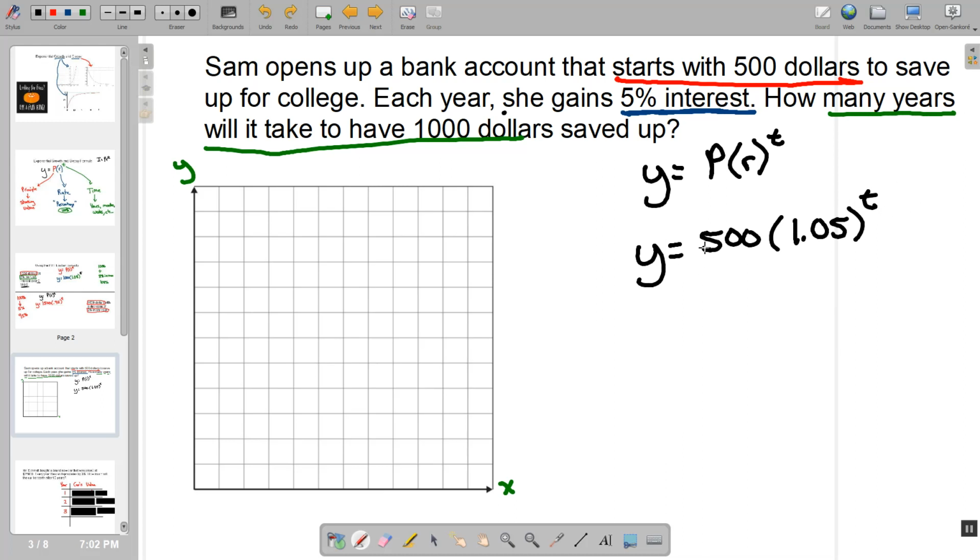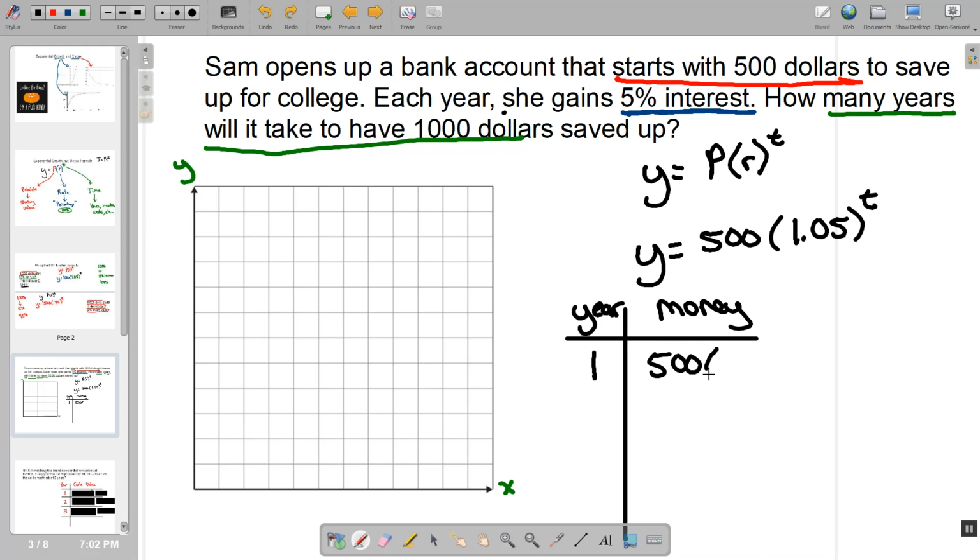And we want to know how many years up here in t will give us an answer of 1,000. So what we would do here is we would make ourselves a table. And for year 1, we would do 500 times 1.05 raised to the 1 for the year.